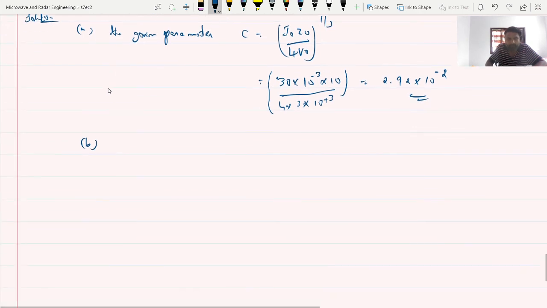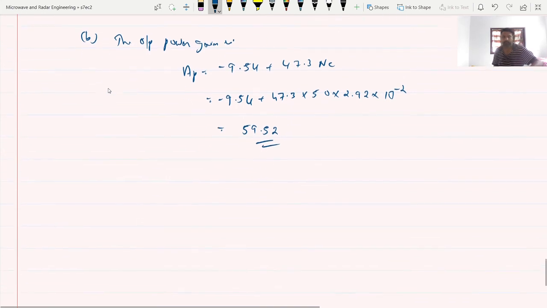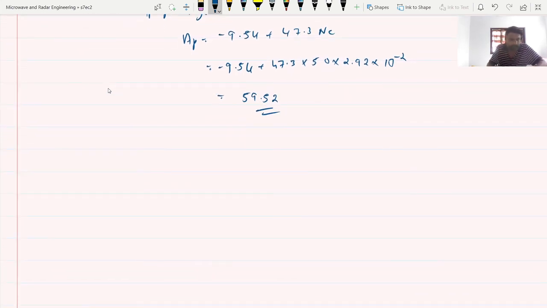B, the output power gain A_P is nothing but minus 9.54 plus 47.3 NC, which is minus 9.54 plus 47.3 into 50 into 2.92 into 10 raised to minus 2, that is equal to 59.52 dB.